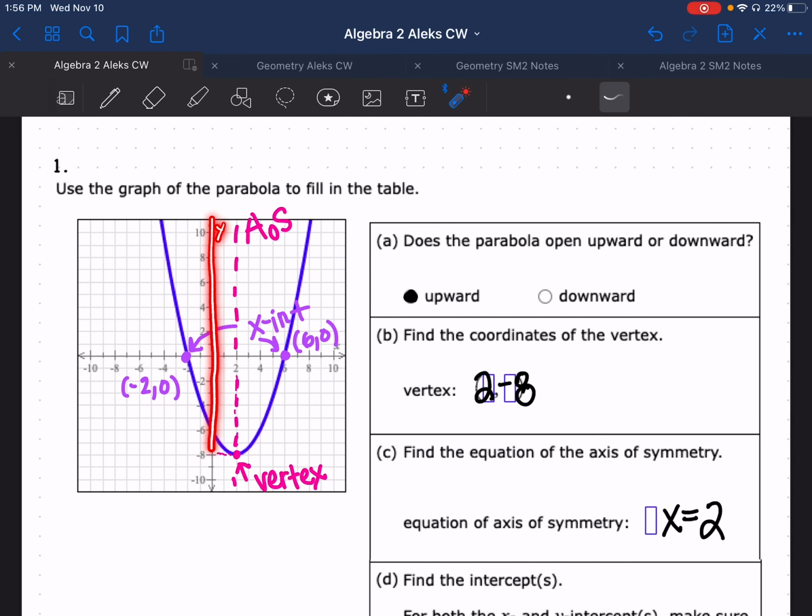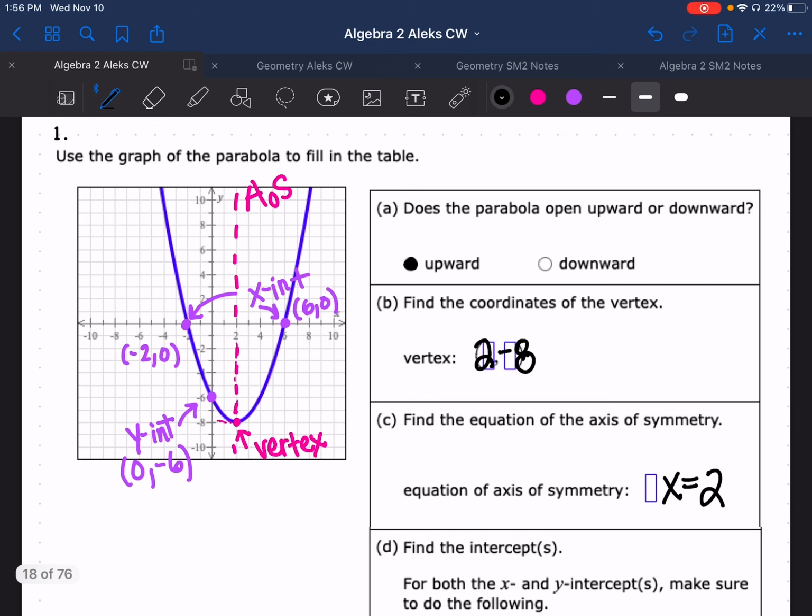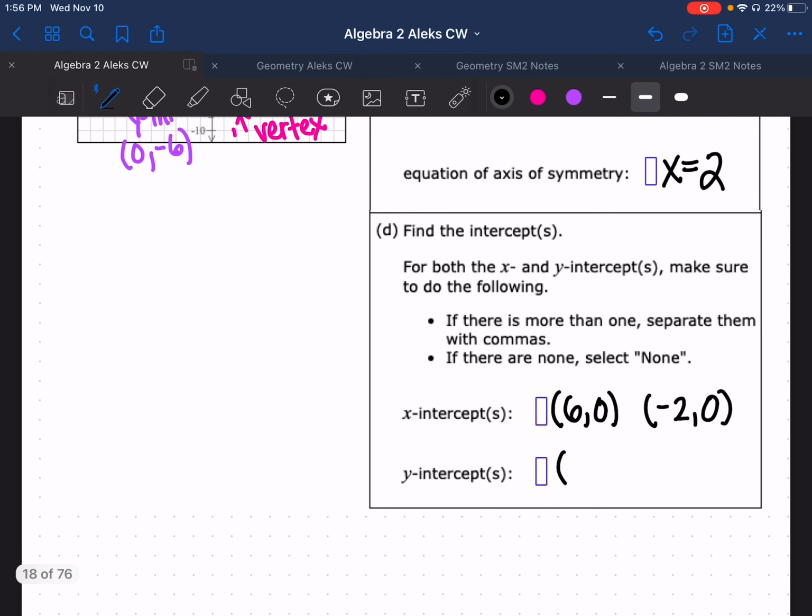That is my vertical axis right here. And it appears this is where the graph is touching my y-axis. So this would be my y-intercept. It looks like it's at -6. So I'm going to pick (0, -6), because that is the correct ordered pair for the y-intercept.